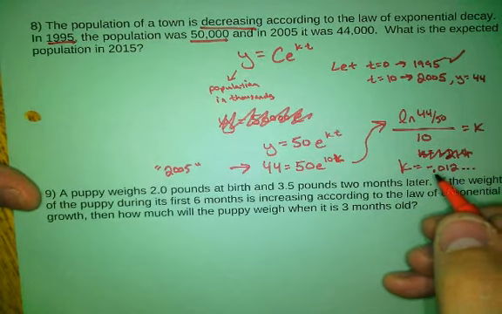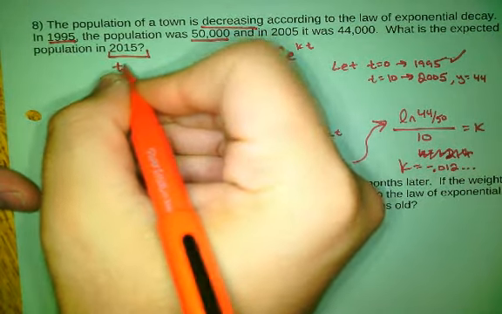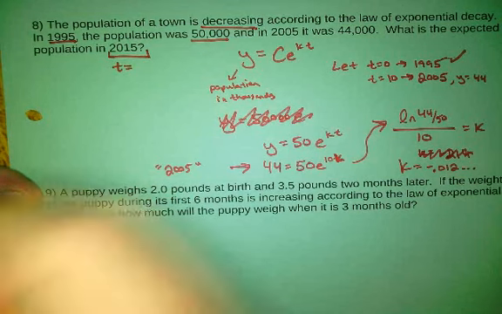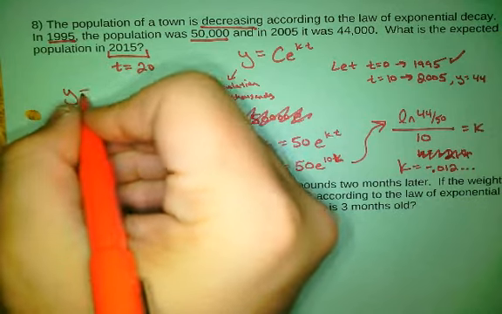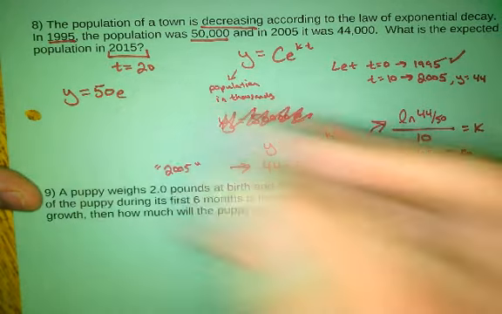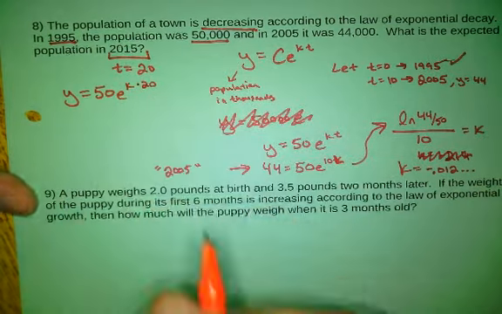Yeah, those parentheses. All right, so to find what's going on in 2015, what does t equal? 20. So y equals 50 e to the K, I have that, times 20.